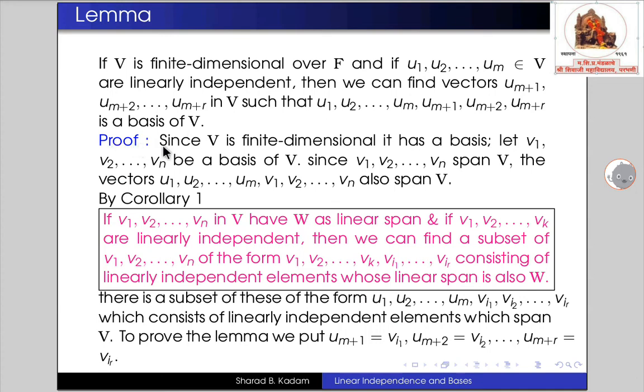So we begin with the proof. Since V is finite dimensional, it has a basis.